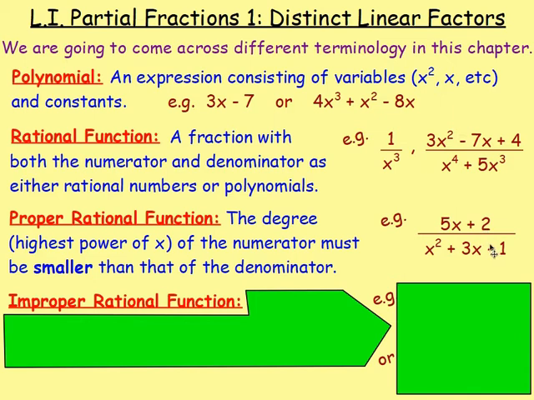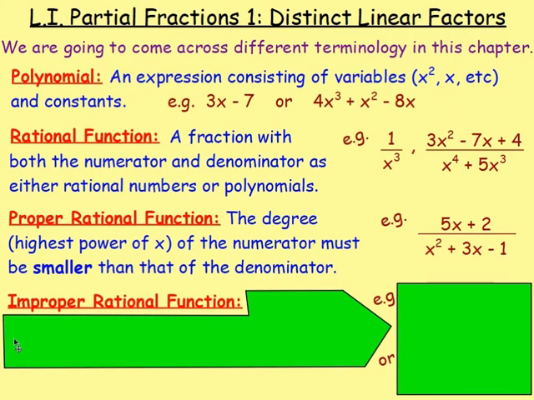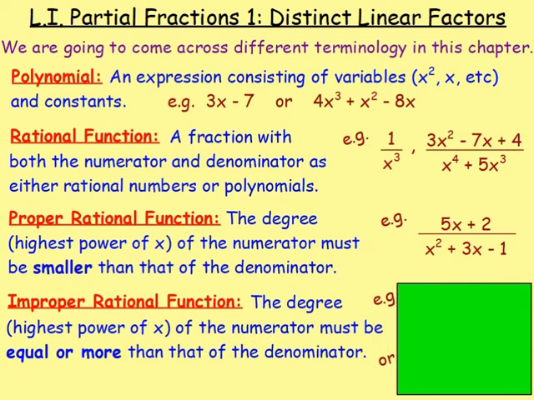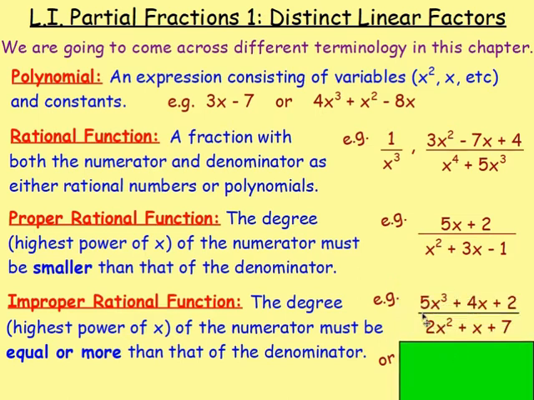An improper rational function then, what do you think that is? You got it! The degree of the numerator must be equal or more than that of the denominator. For example, if we have (5x cubed add 4x plus 2) over (2x squared add x plus 7), we can see the highest power in the top is 3, the highest power in the bottom is 2.